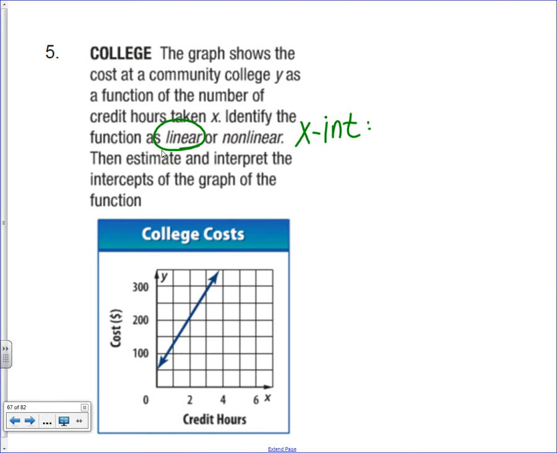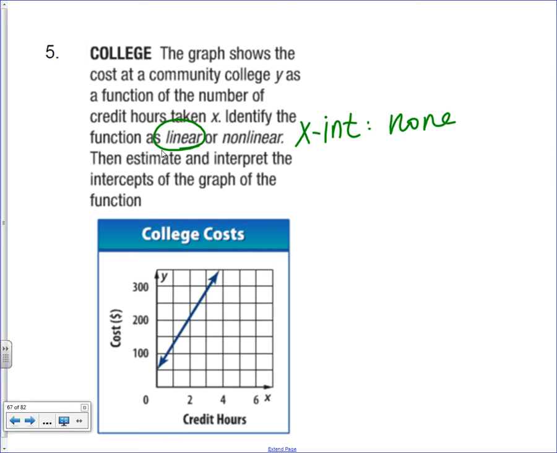No, just in your regular old pencil. Where it crosses the x-axis. Where does this graph cross the x-axis? This is the x-axis, right? Does it ever cross that x-axis? No. There is no x-intercept.